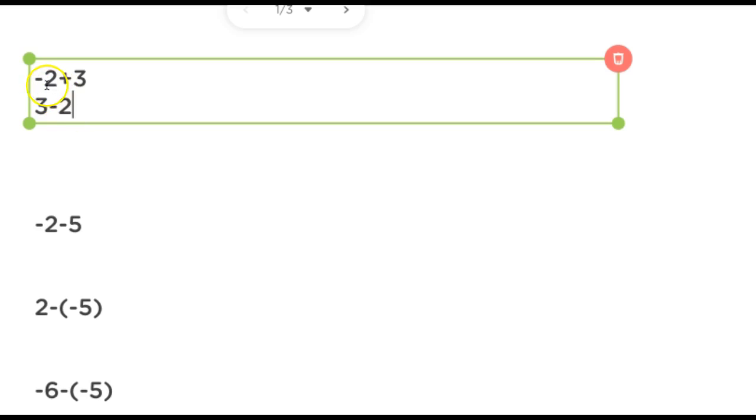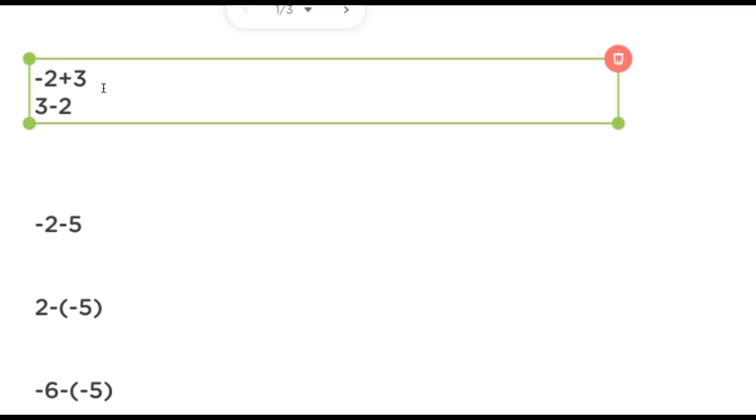What do I mean by that? The -2 here is the exact same thing as the -2 there. Both of those will be decreasing the value of the expression by 2. They both are the same. It's just they have different names. It's a negative 2 here because the 2 is in the front of the expression, and a minus 2 here because it's within the expression.